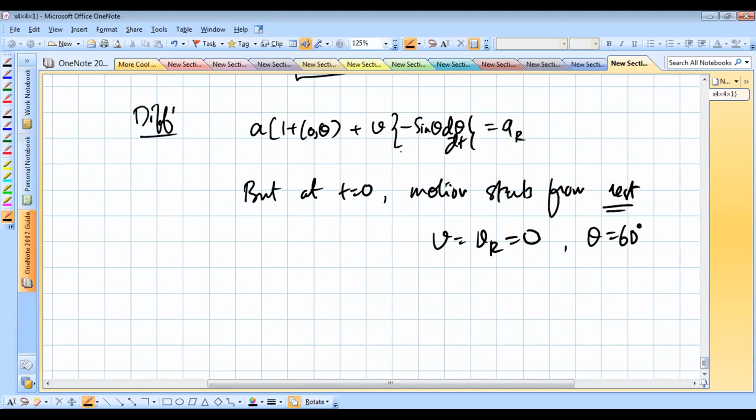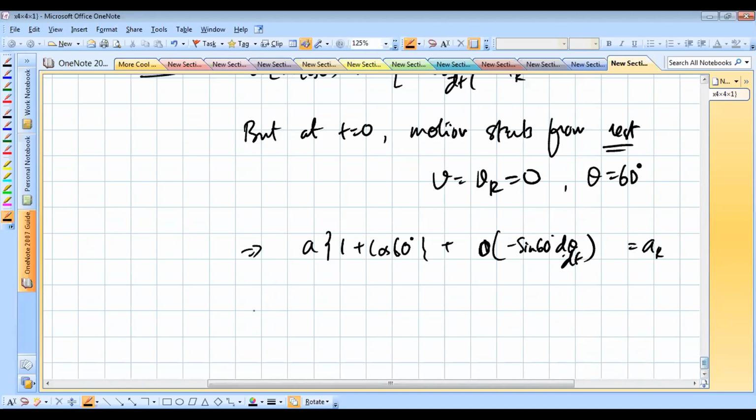So at that moment, the constraint relation becomes a into 1 plus cos 60, plus 0 into minus sin 60 d theta by dt. That 0 cancels out this term, and it is equal to a relative. So we have a very simple constraint relation: 3 by 2 a is equal to a relative.